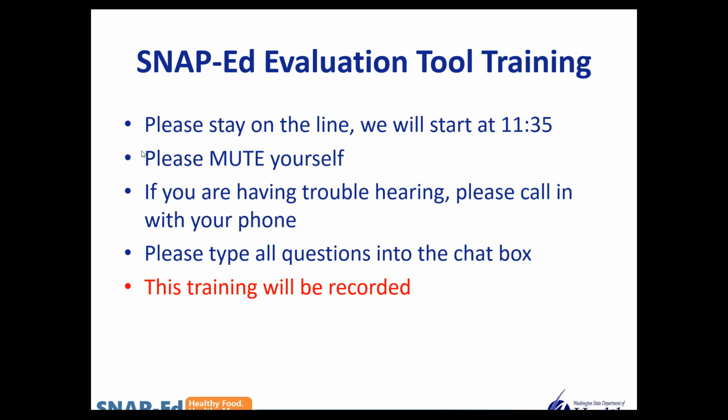You can get in touch with your implementing agency or me to get that. So that's the K-2 tool. We'll go more into depth on this tool in a little bit. And again, we're going to have a training on every evaluation tool later on in this first quarter of fiscal year 2018.